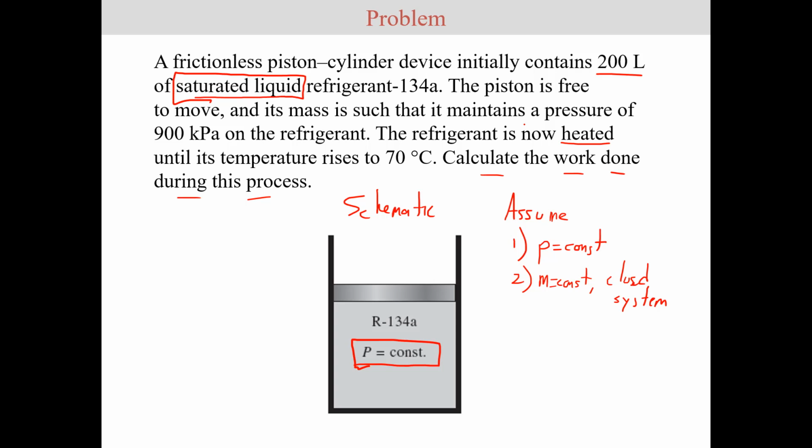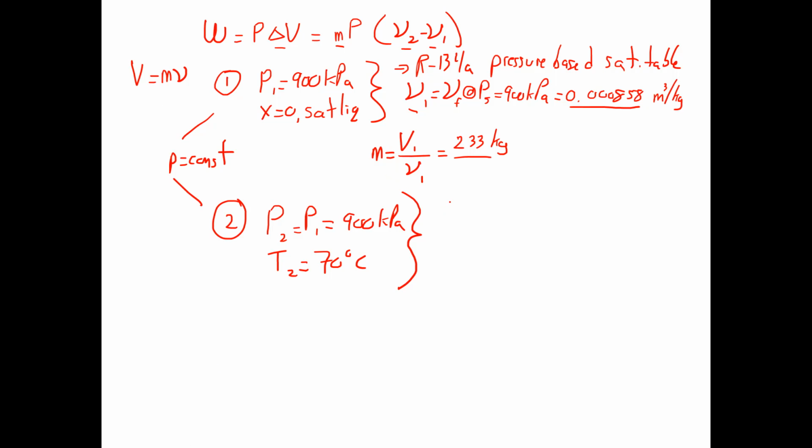Well, if you go back to your saturation tables, again the R134A pressure-based saturation table, for a saturation pressure of 900 kilopascals, I can look and find that at 900 kilopascals the saturation temperature is 33.51 degrees Celsius.